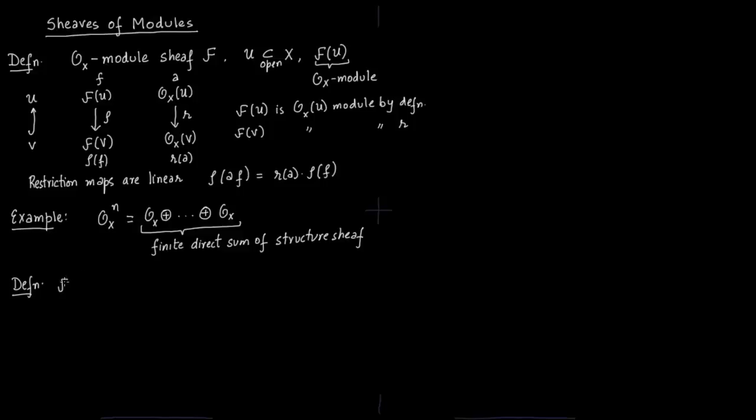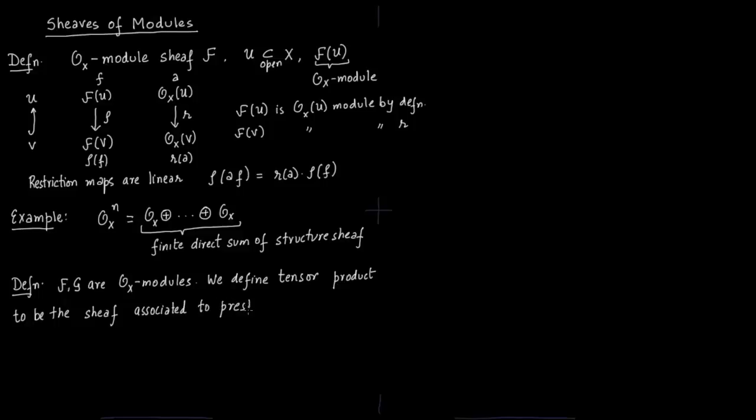Now we want to define the tensor product. So if F and G are two OX module sheaves, we define the tensor product to be the sheaf associated with the following presheaf.